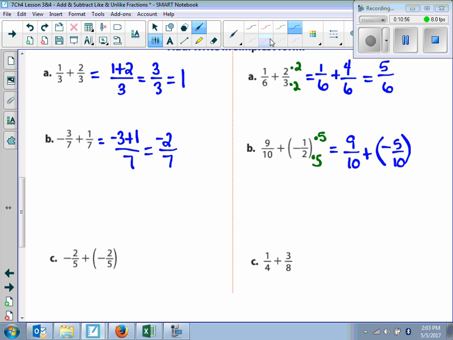Is everybody with me? So now the numbers that we're adding are a positive 9 plus a negative 5. So 9 plus negative 5 is what? 4. And that goes over 10. Now this can be simplified by dividing by 2. So you're going to show that work. And we're going to end up with 2/5.